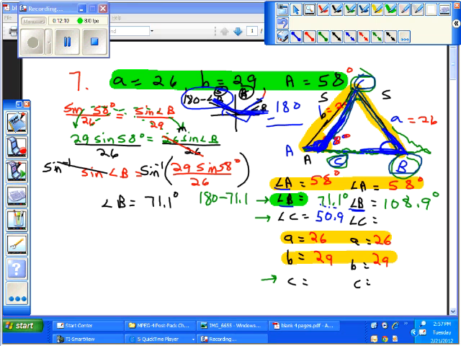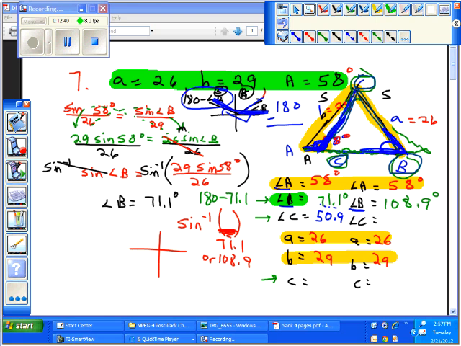But the calculator will always return the smallest possible angle. So even though you did inverse sine of some fraction, the answer, as far as an angle that could be an angle of a triangle, would be 71.1 or 108.9.